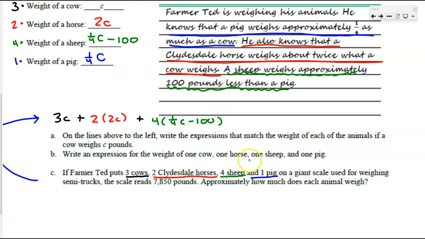And 1 pig. So just 1 of the 1/4 C's. What happens when I put all of those animals on the scale? What do I get? A lot of weight on the scale. 7,850 pounds. There's my equation.